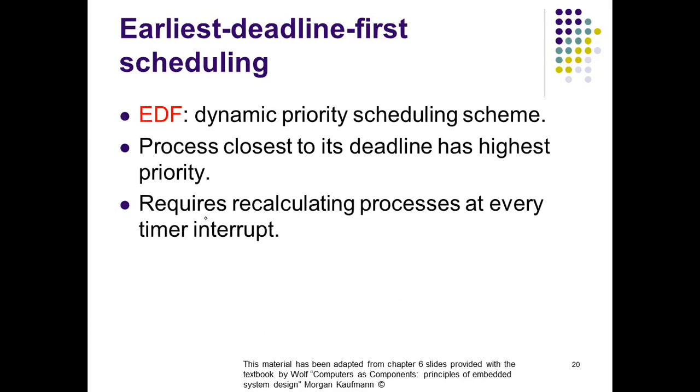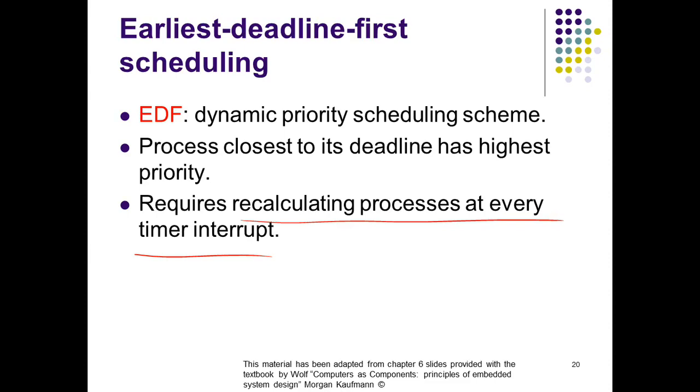The problem is that at every interrupt, you have to recalculate which is my earliest deadline, because each process is going to have a different deadline. New processes are going to be added to the queue. You have to work out which one is the biggest emergency.